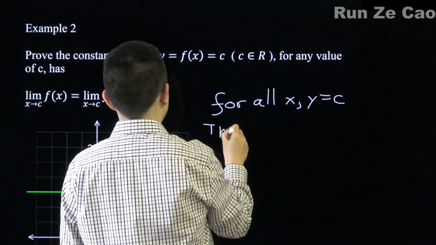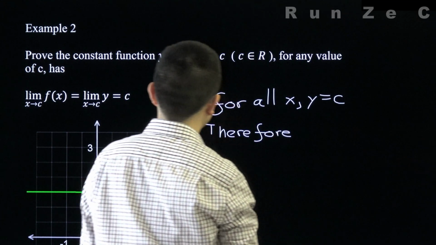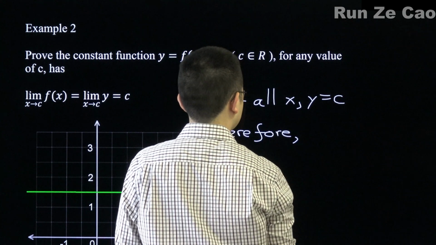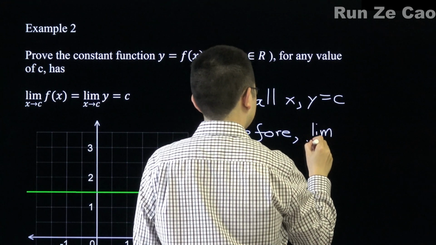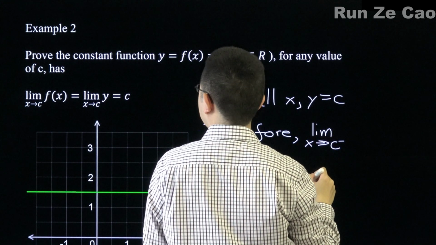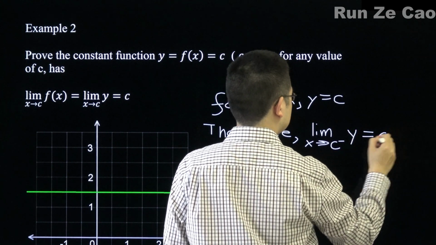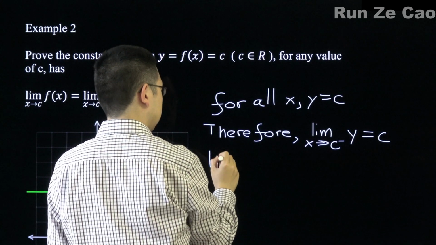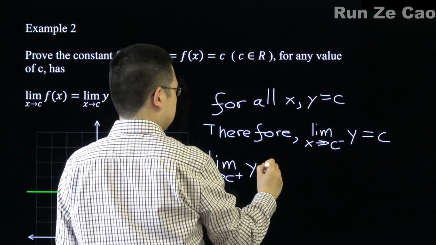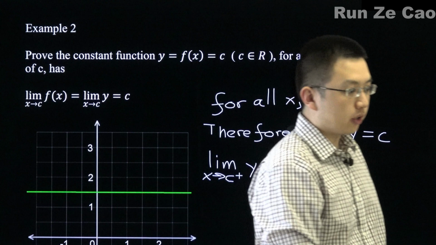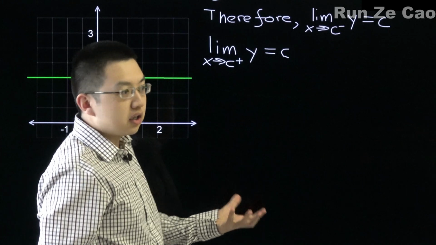Therefore, the limit as x approaches c from the negative side of y is equal to c, and the limit as x approaches c from the positive side of y is equal to c. And therefore, well, pretty obviously, anywhere you approach, given that all your values are the same, is going to be that same constant.